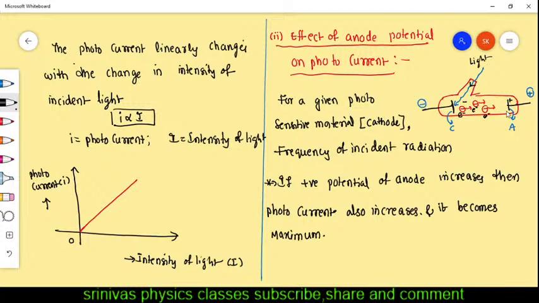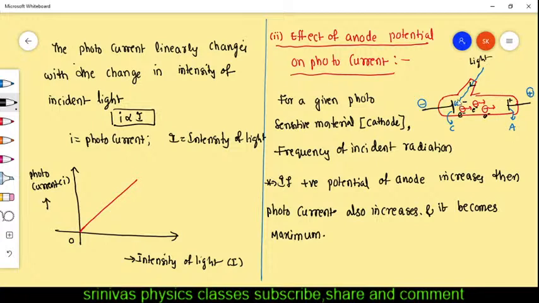If the positive potential increases further, there are no further electrons to attract and reach the anode, because however many electrons are released from the cathode per second, that many are already received by the anode per second.